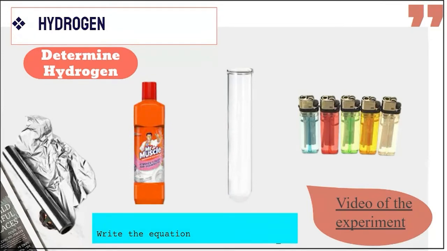The chemical we get from this liquid is hydrogen chloride, which is a kind of acid.